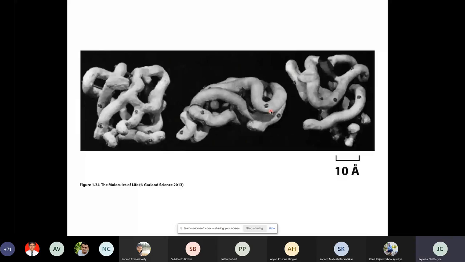The box does not itself take part in the functions, but the Lego blocks, some of which are oval shaped, some hexagonal, some pentagonal, some cuboid, are involved in recognition with each other, and take part in the formation of signaling networks or whatever in the cell. That is why their structure is very unique.